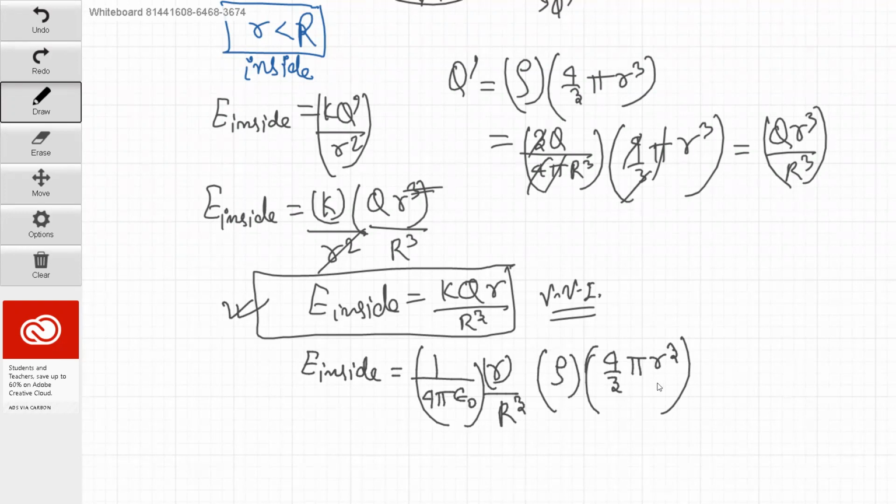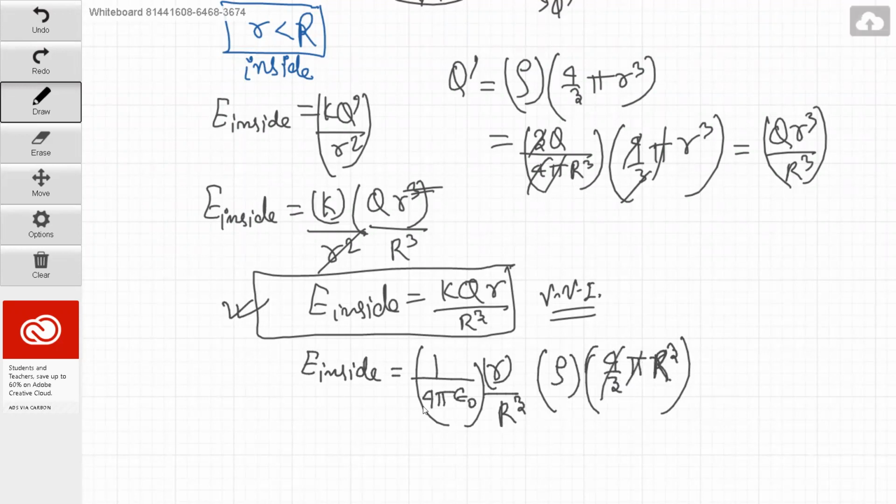Just wait one minute. I think it's a mistake. No. This q was basically the total charge. So 4 by 3 pi capital R cube I have to do.